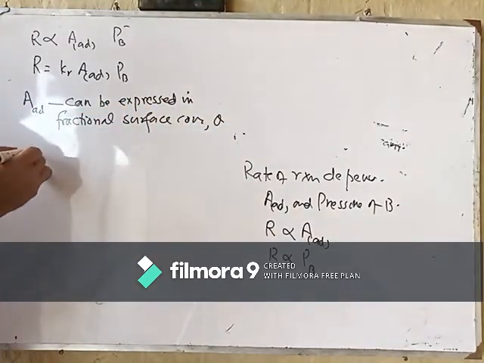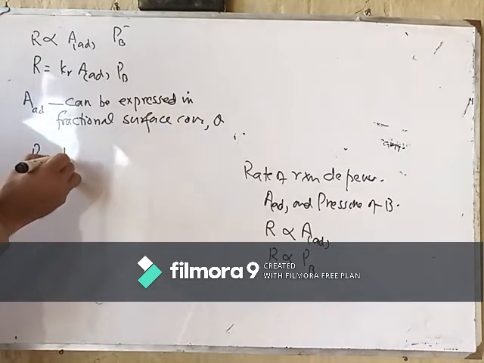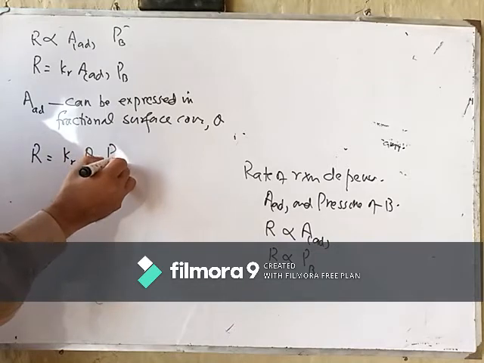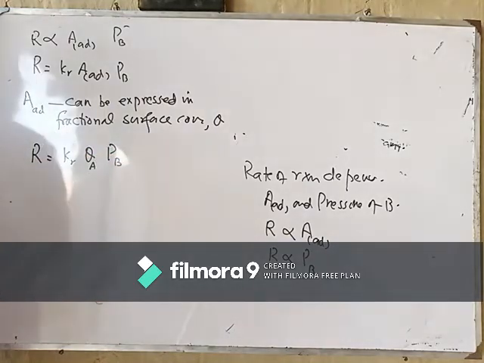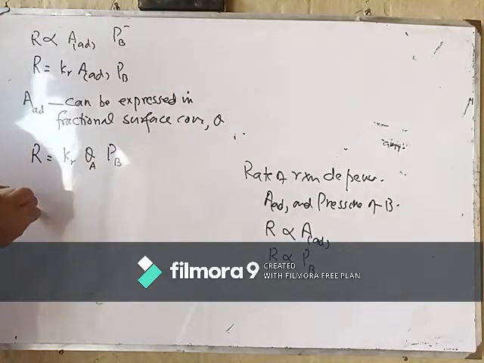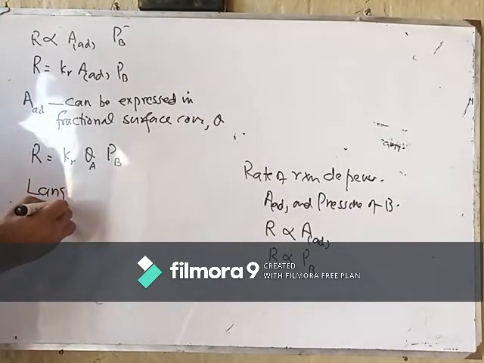So we can write R is equal to KR theta A and the pressure of B. Theta, the fractional surface coverage, can be expressed in terms of adsorption isotherms. Different adsorption isotherms can be used. The most commonly used one is the Langmuir adsorption isotherm.